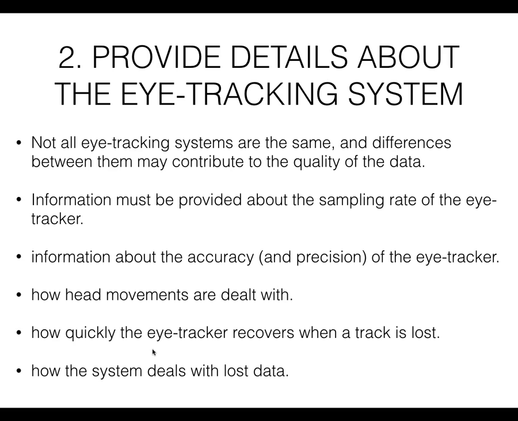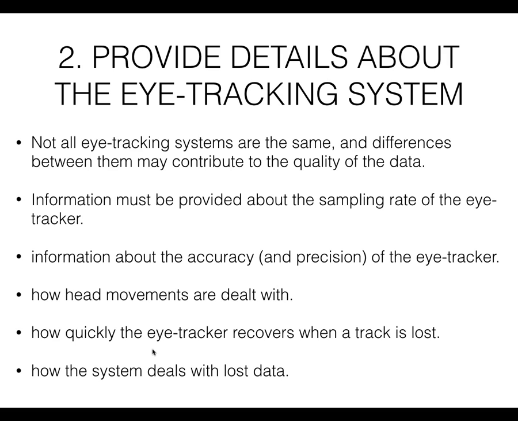For example, make sure you say what the sampling rate of your eye tracker is. Some eye trackers only record at one sample rate, usually 60 hertz for most typical eye trackers. For the EyeLink upstairs, we can sample from 250 hertz up to 2000 hertz.